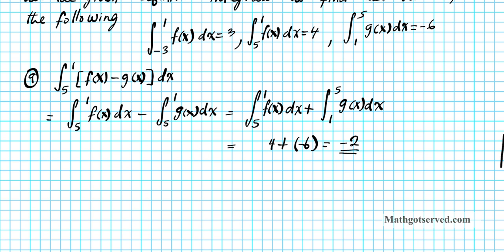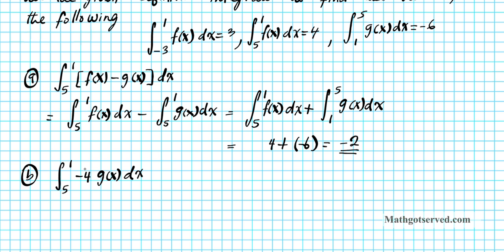Now let's take a look at the B part. For the B part, we're going to be looking for the definite integral from 5 to 1 of negative 4 times g of x dx. Okay? Now, let's see, how can we evaluate this definite integral right here?